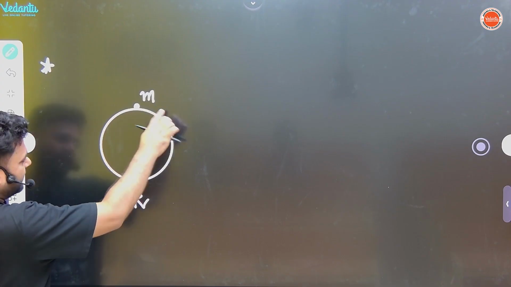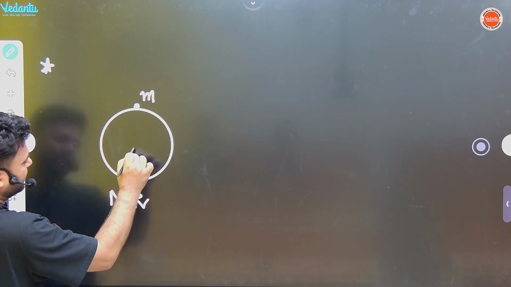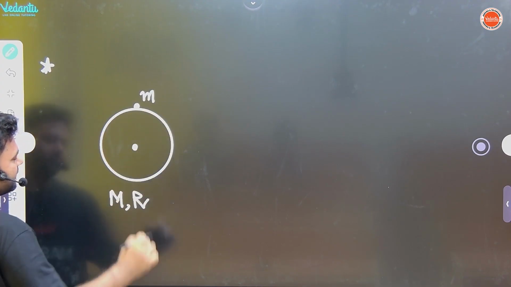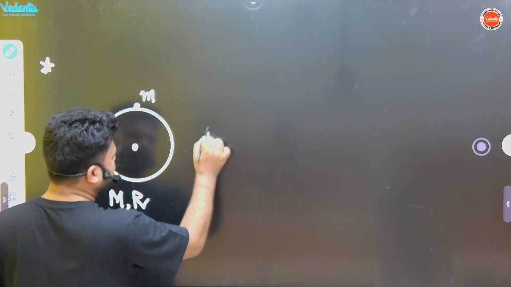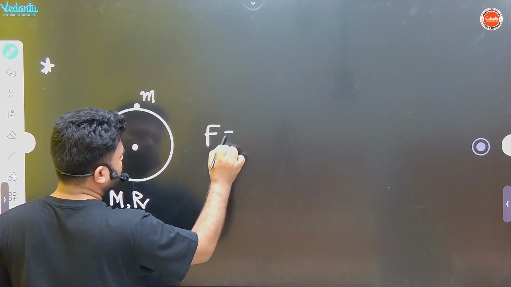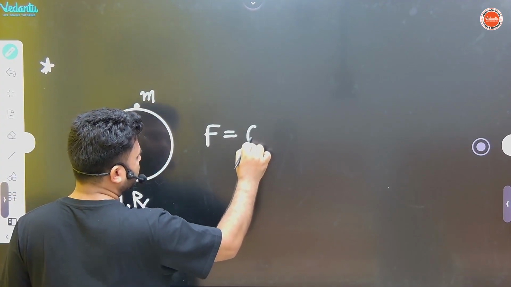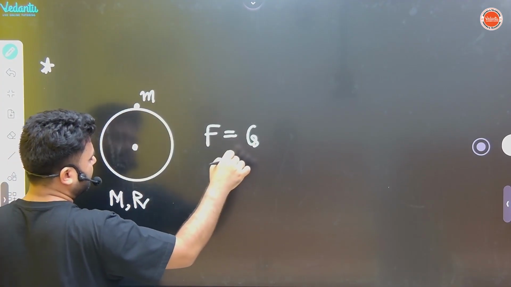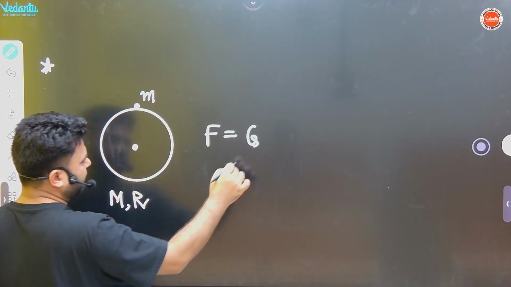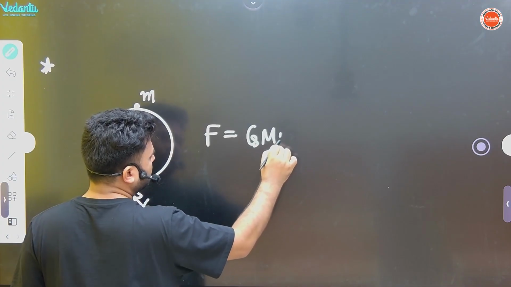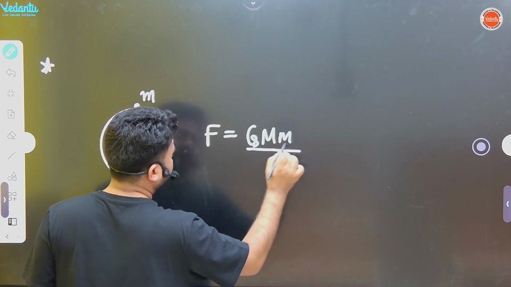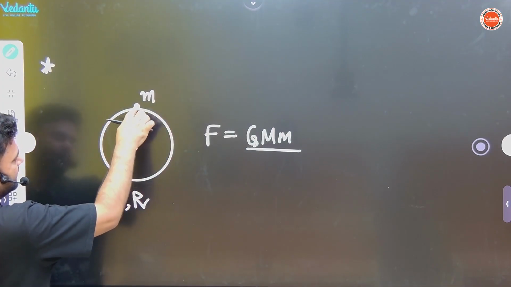So if I say, this is the earth, what is the center of the earth? This is the center of the earth. If someone asks what is the gravitational force between them, so force is G m1 m2, suppose m1 is the mass of the earth, m2 is my mass, divided by the distance between them squared.